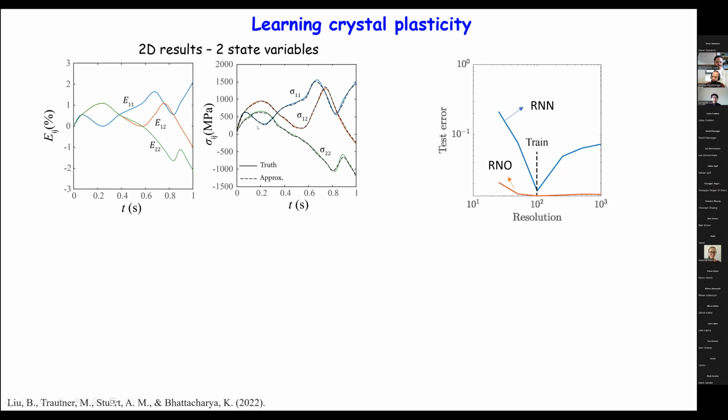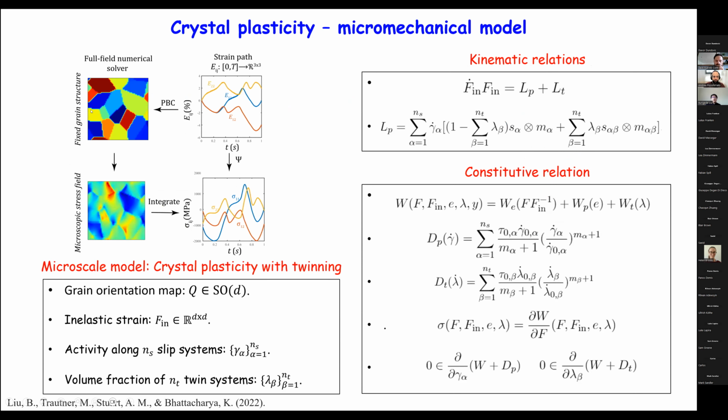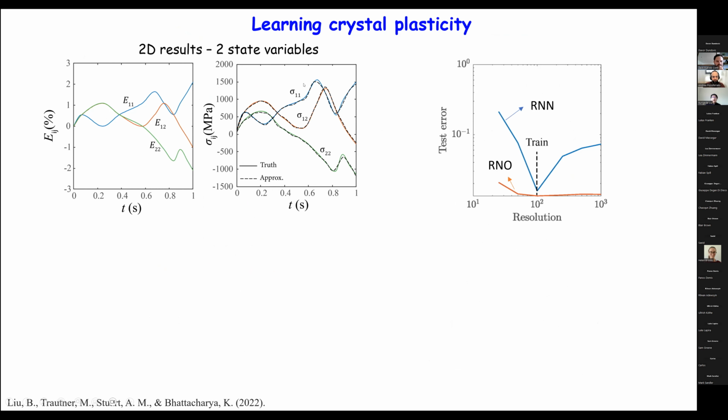I'm showing you here the periodic boundary condition of our inputs, and this is the stress outputs. The solid line is the true solution, which we solved using a numerical solver, actually a fast Fourier transform, and the dotted line is our recurrent neural operator prediction. You can see that these two lines agree with each other pretty well.